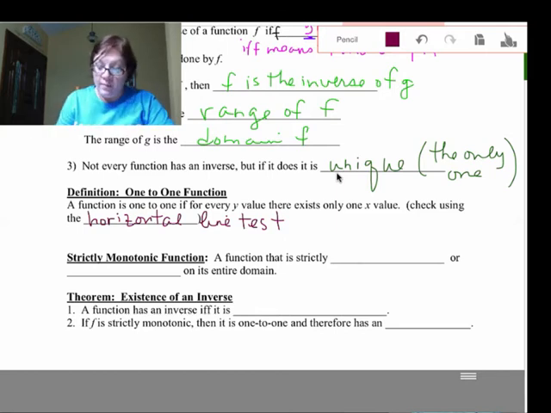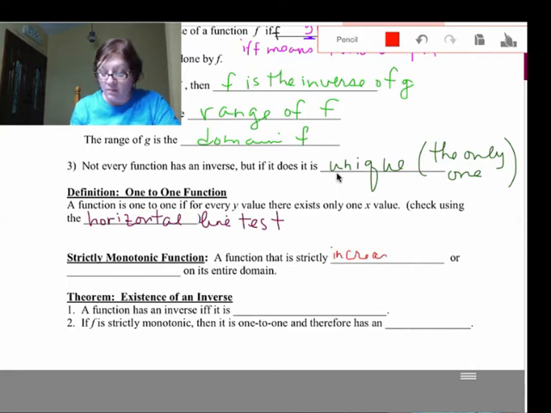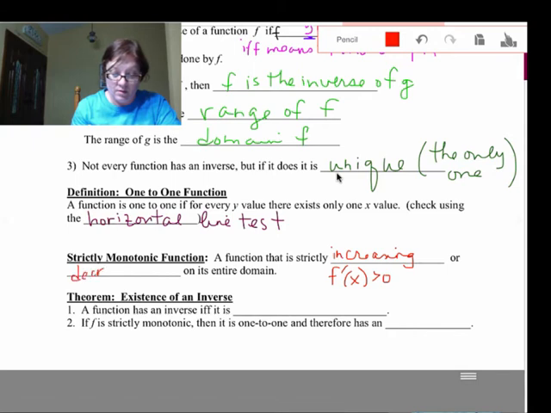So, new vocab. Strictly monotonic is a function that's either strictly increasing, meaning that my slope is positive, or it's strictly decreasing, meaning my slope is negative on the entire domain.